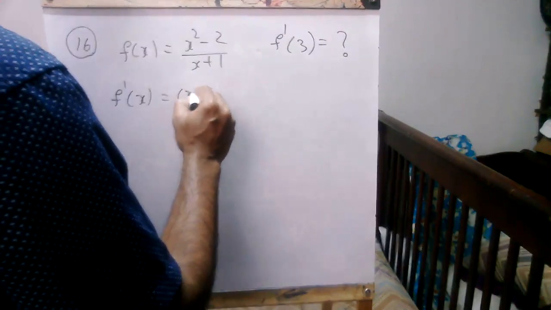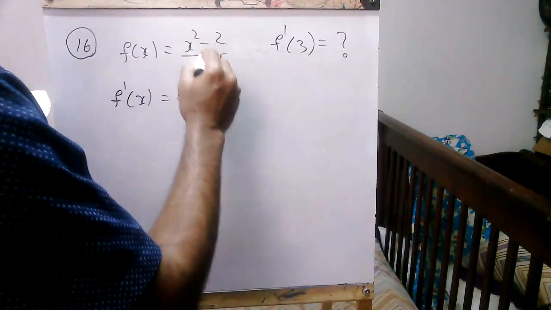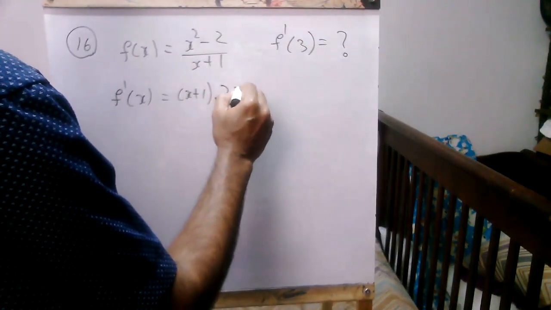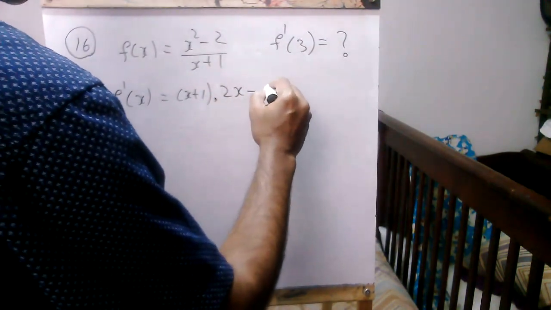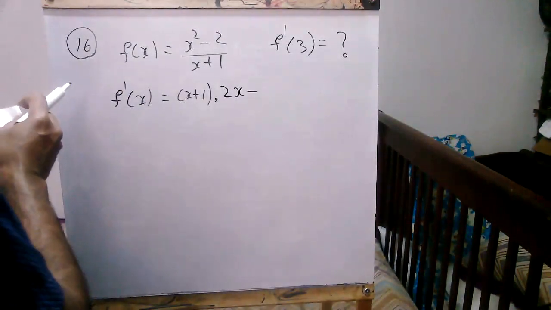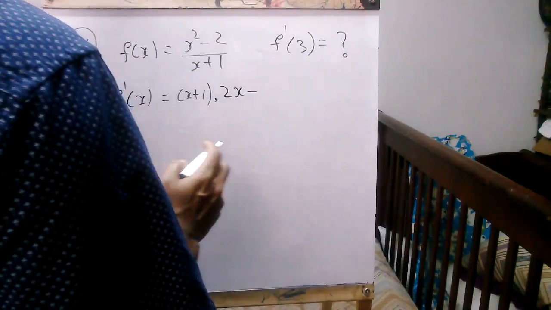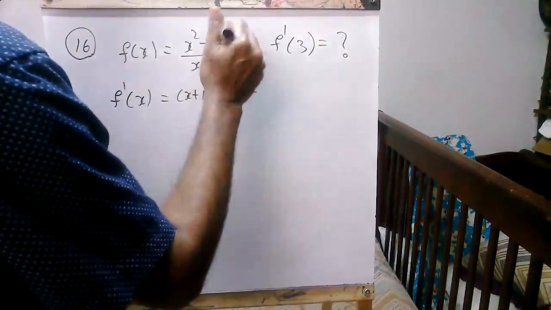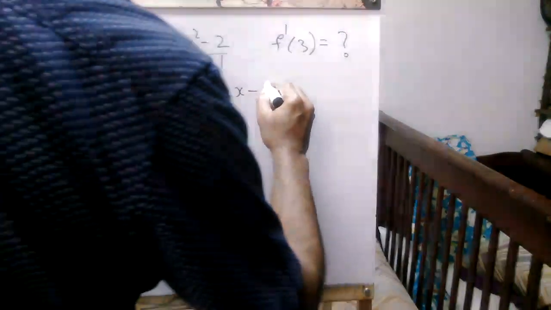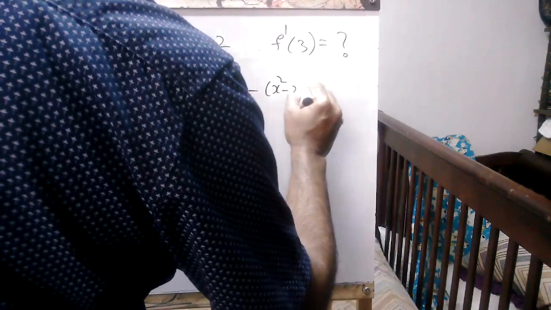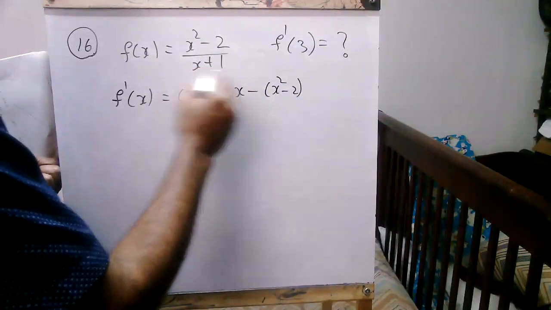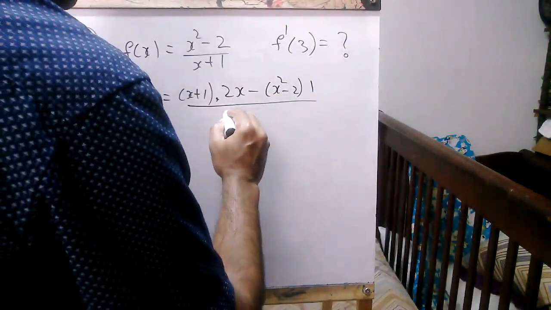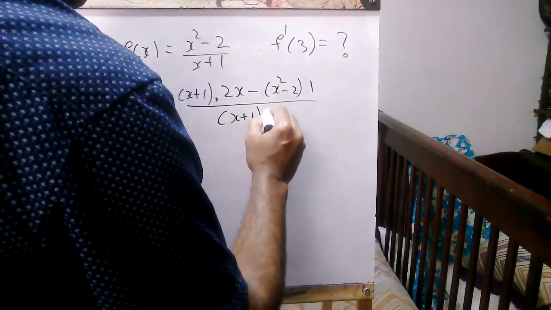x plus 1 times the derivative of the numerator, which is 2x, minus the numerator, x squared minus 2, times the derivative of the denominator, which is 1, divided by x plus 1 squared.